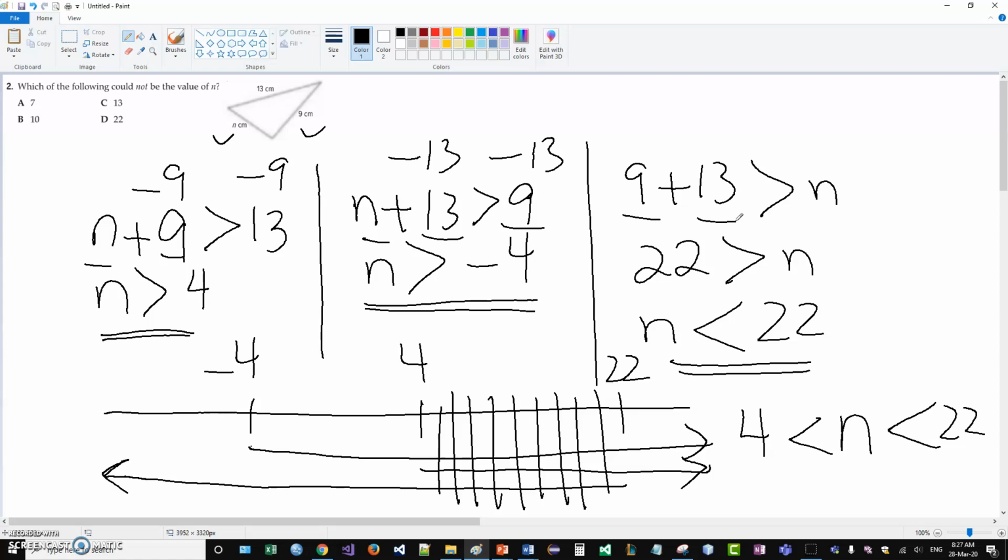You solve the inequalities and you plot the solutions on the number line where all three solutions meet. That would be our solution. Please pause the video and try this again.